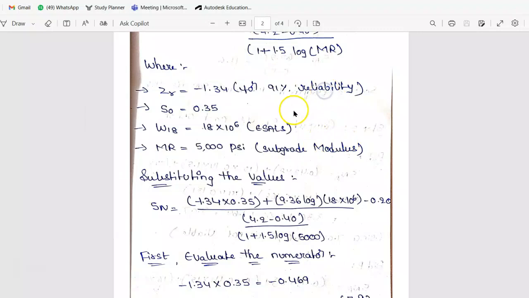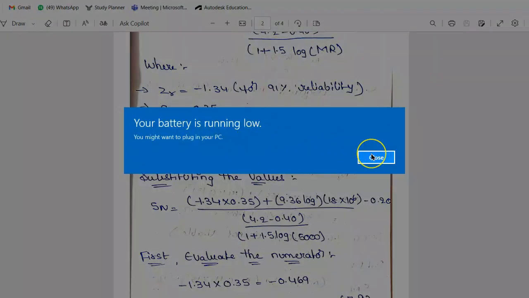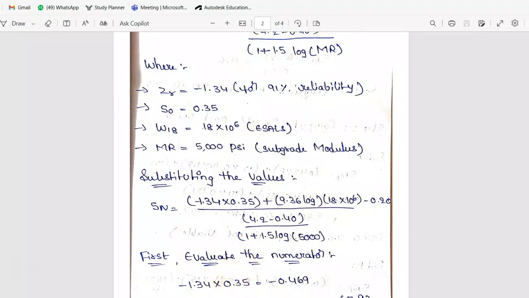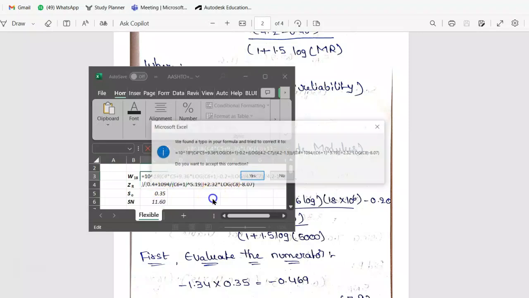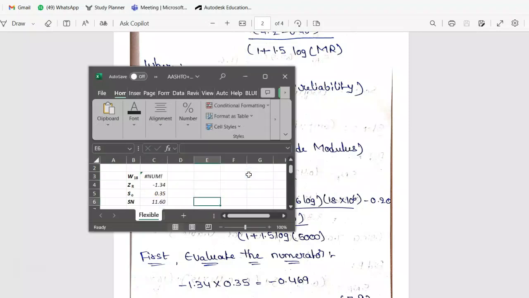We are using W18 as 18 times 10 to the power 6, which is 10 lakhs, that is 100,000, 10,000, 1 lakh, 10 lakh.